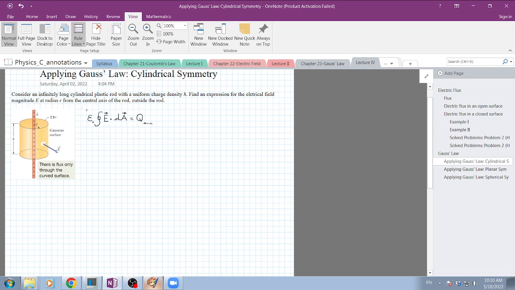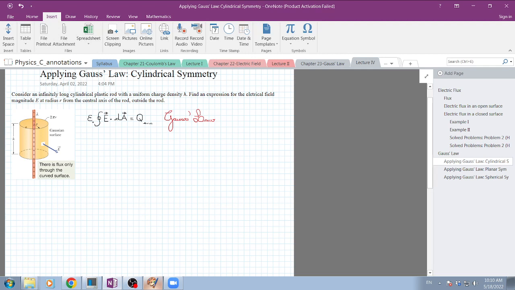Again, we know Gauss's law already, and we are going to apply it for this particular symmetry. What can you do here?